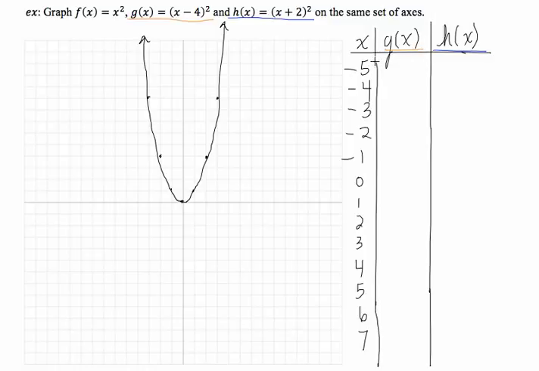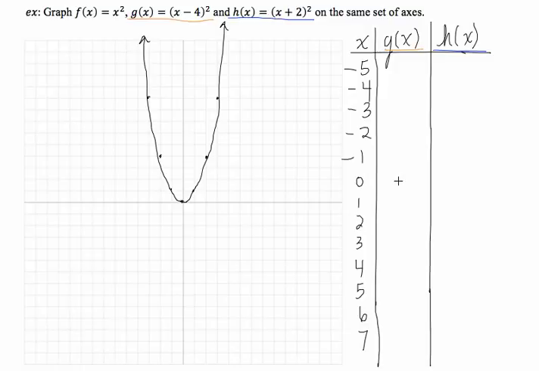Now if we plug in -5, we'll have -5 minus 4, that's -9, and -9 all squared is 81. So that is way off this graph, not going to fit. So let's jump down to, how about -2? If we plug in -2, we'd have -2 minus 4, which is -6, squared is 36, still way off the graph.